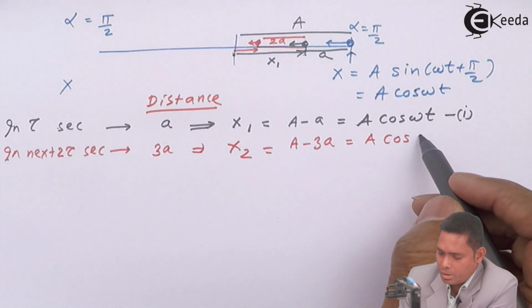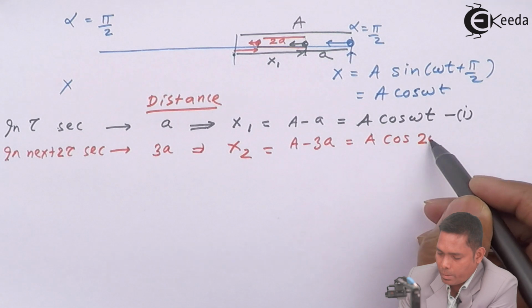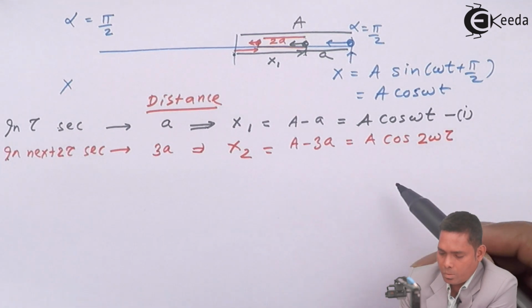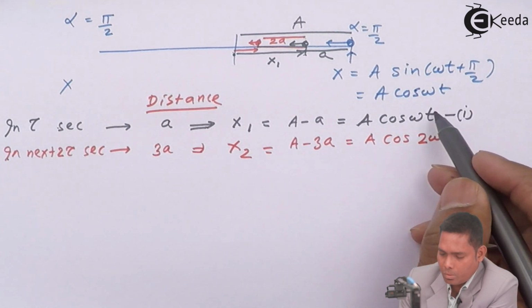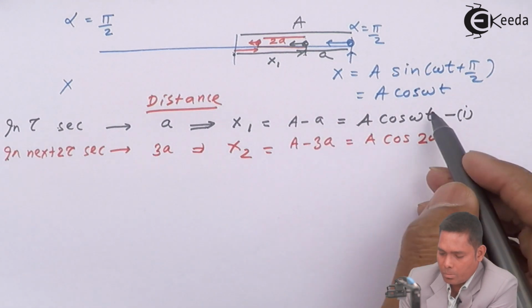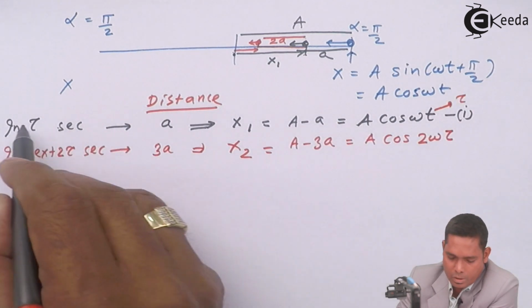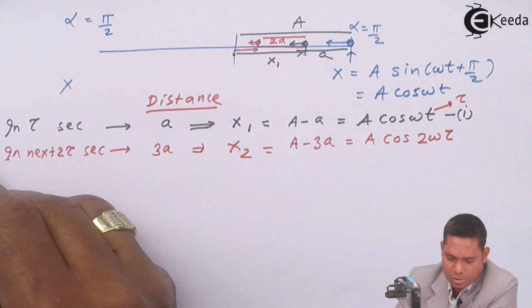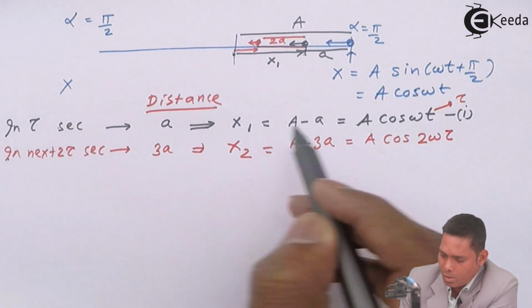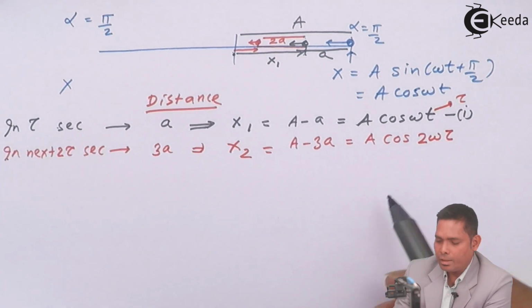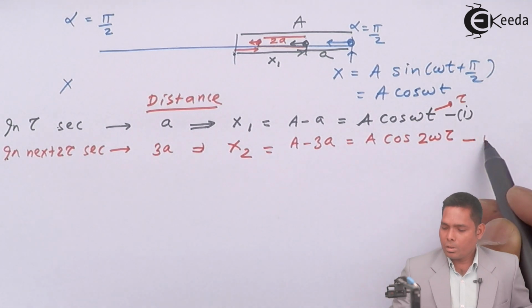So here it is 2 omega tau. Here also you can put tau, because time is tau. So in place of time you put tau. Here time is tau, here time is 2 tau. So I will put 2 tau directly. So this is equation number 2.